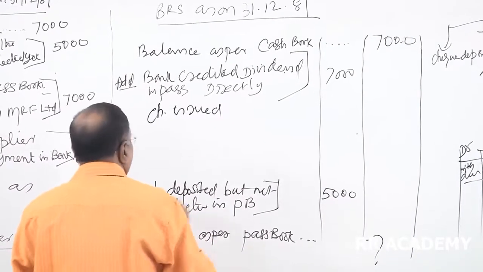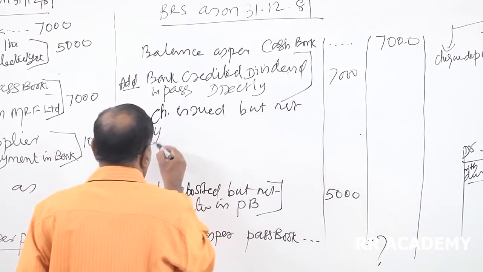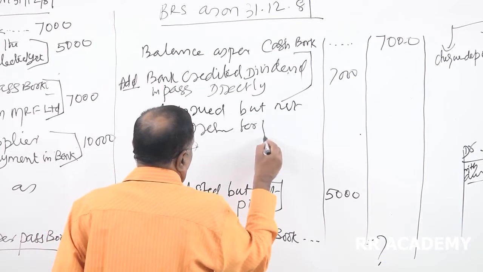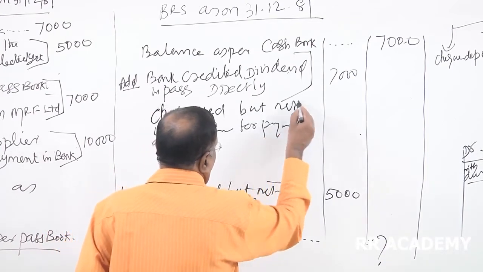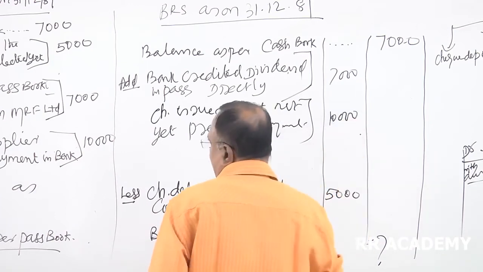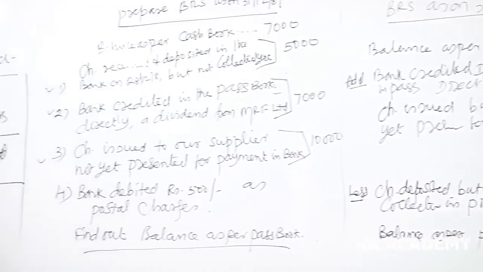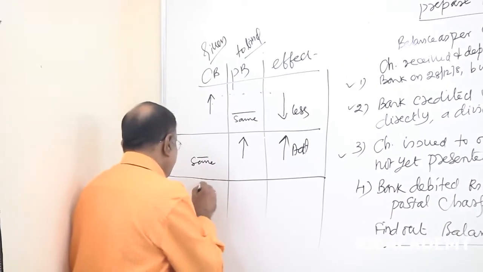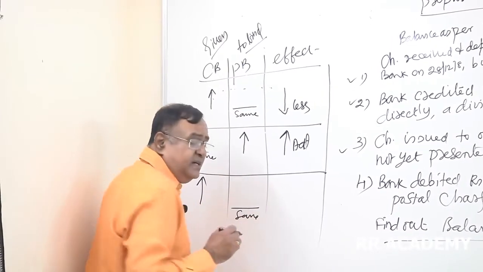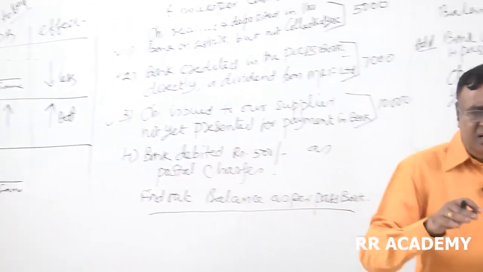Check issued but not yet presented for payment: 10,000. This also we will do. Check issued, cash book decreased, passbook same. Friends, why is the passbook the same? You may ask this question.